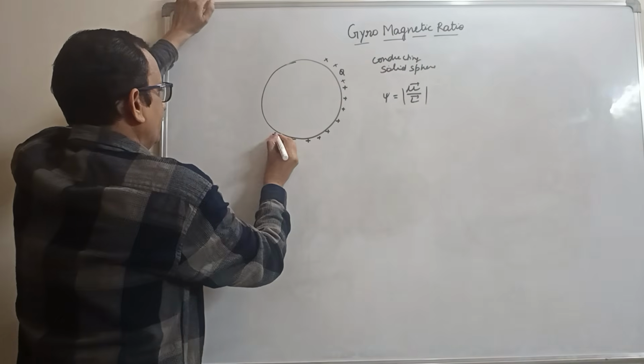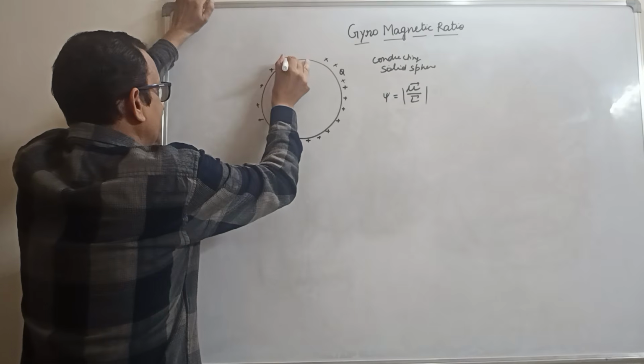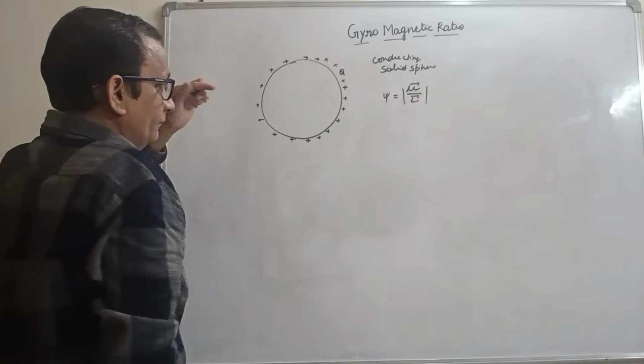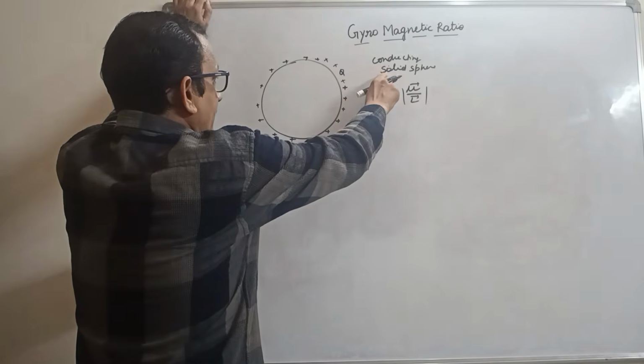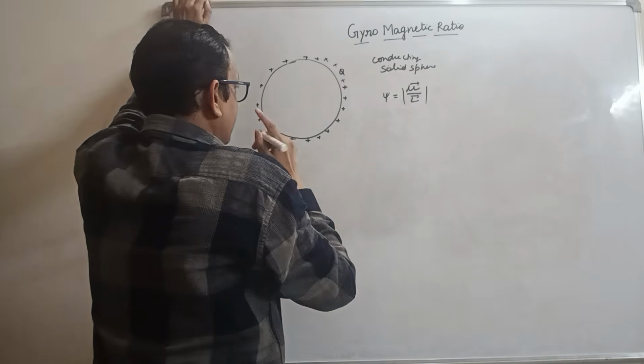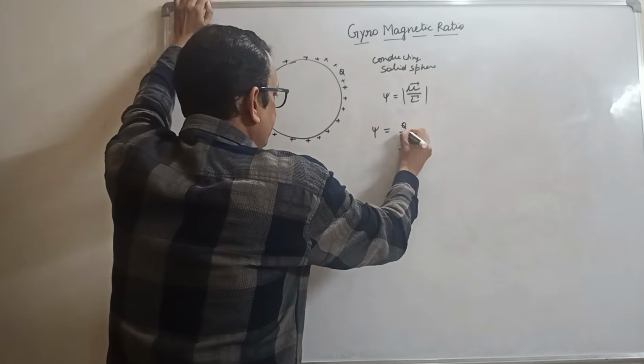Charge is uniformly distributed here, and we know for a hollow sphere the gyromagnetic ratio is Q by 2m.